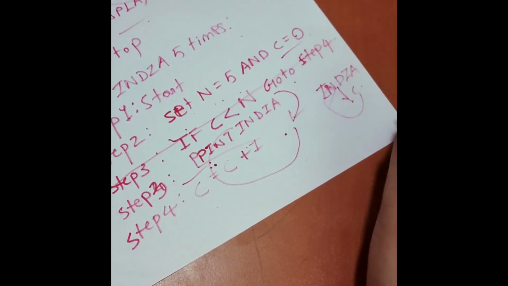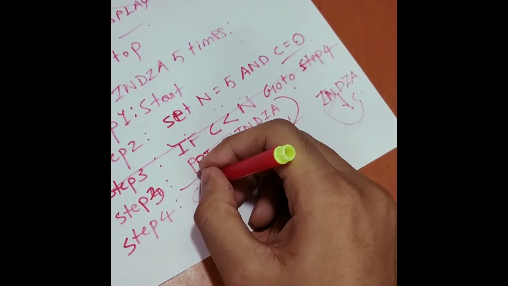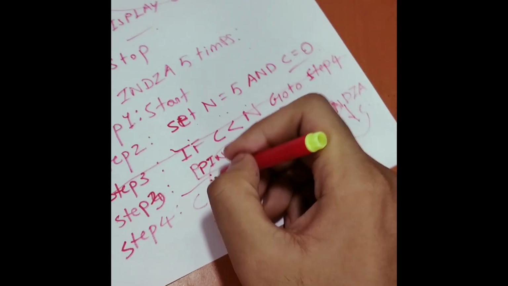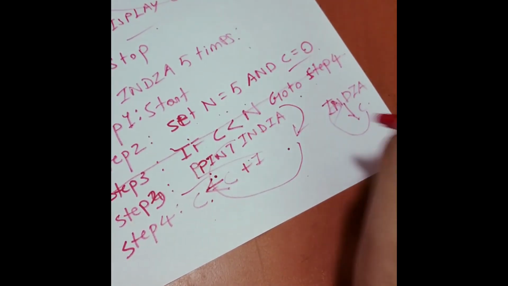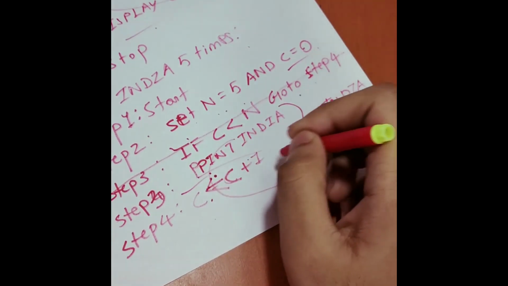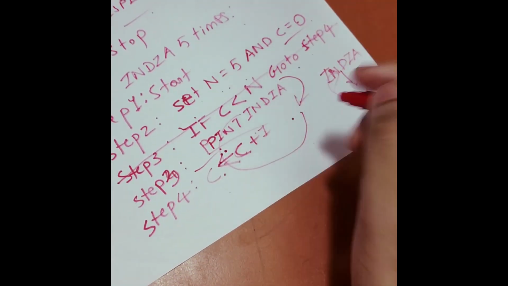C plus 1. Here the equal to sign won't work, so I have to give the arrow sign, right? So C is equal to C plus 1. C is incremented.